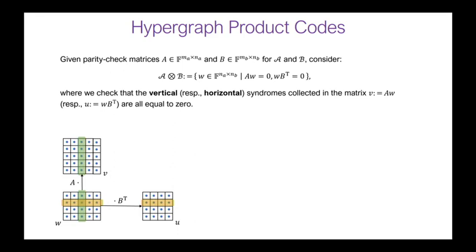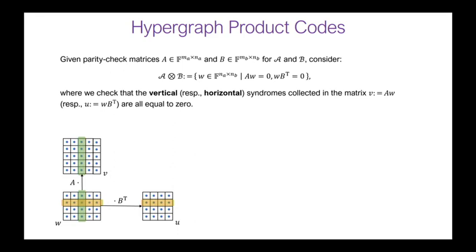Okay, now we have a classical product code that I defined before with this compact representation. And looking at this compact representation, we can see how we check that a matrix is a codeword.